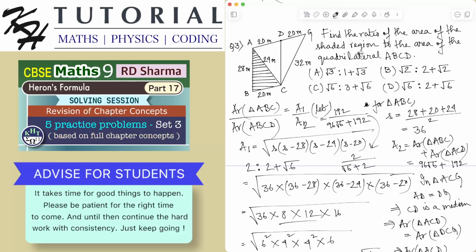2 is to 2 plus square root of 6. Okay, so I think we have to further simplify this. Square root of 6 is square root of 2 times square root of 3.